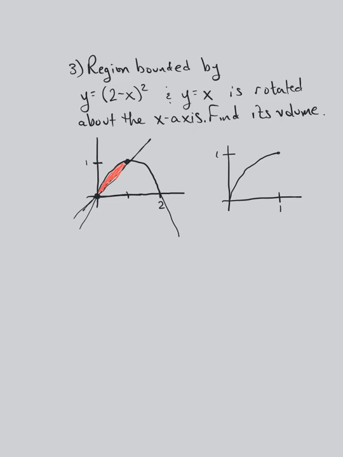I'm going to use a different color for that y equals x there. It might help you see things better. Okay, and so I'm rotating this about the x-axis, and so there's my line being rotated. So I have this part being a rotation, like that, but then I have the parabola also being rotated, like that, so I have this part of the rotation as well.